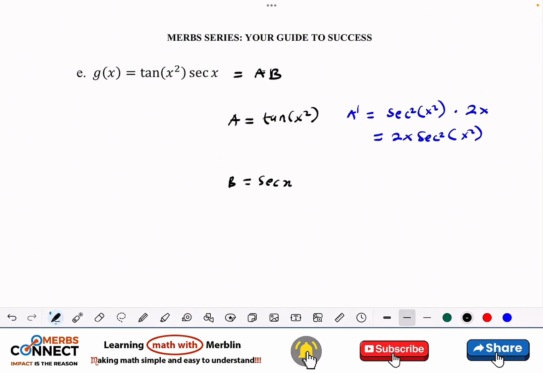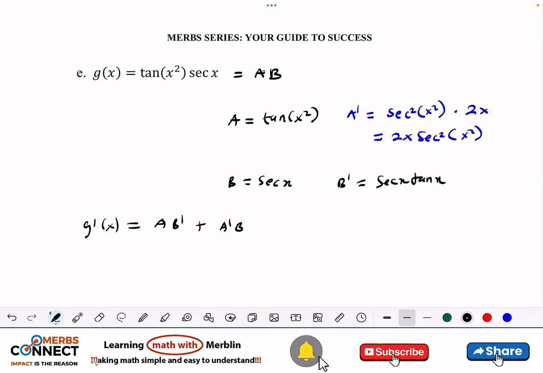Then when I differentiate sec x, what am I going to get? Sec x, we just have sec x tan x. That's all. So product rule, the derivative is equal to, let's say, A B prime plus A prime B, right? So just multiply them and then you are done.